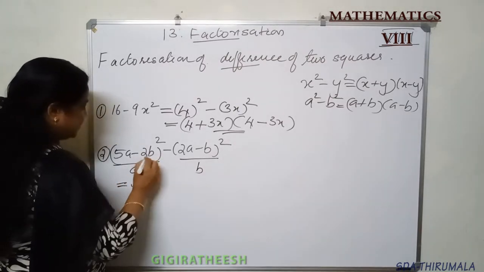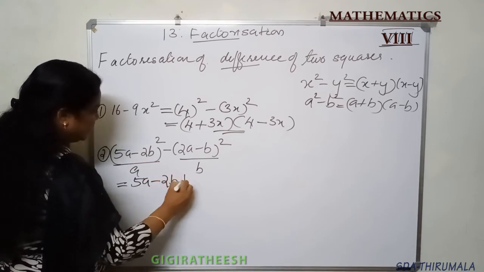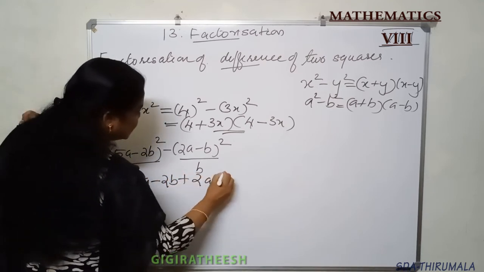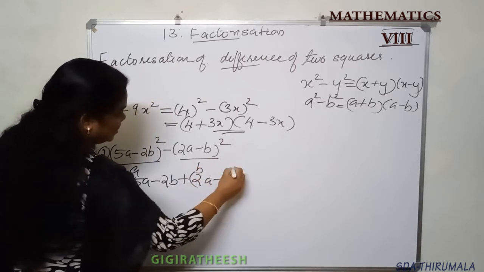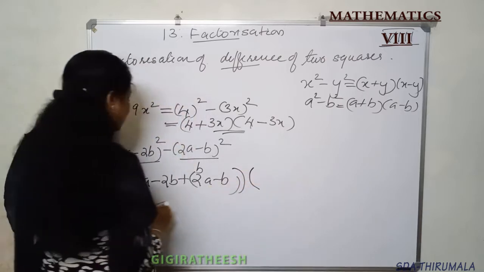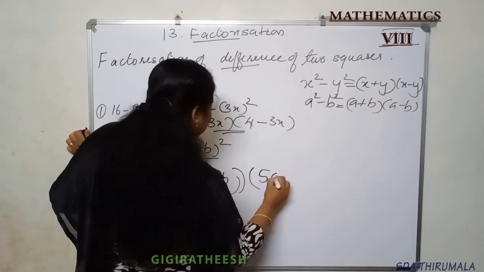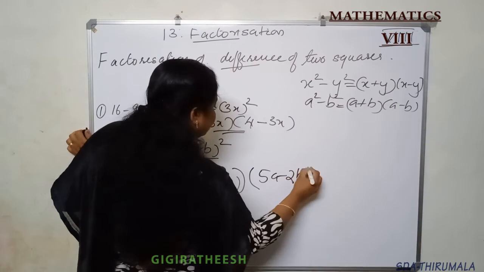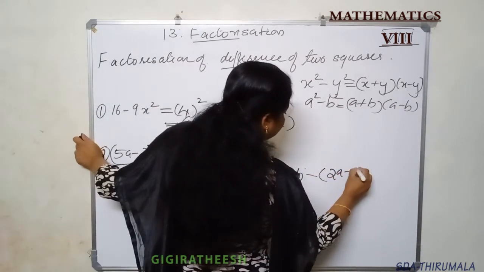The first factor is 5a minus 2b plus 2a minus b, taking each expression inside brackets. The second is 5a minus 2b minus of 2a minus b.